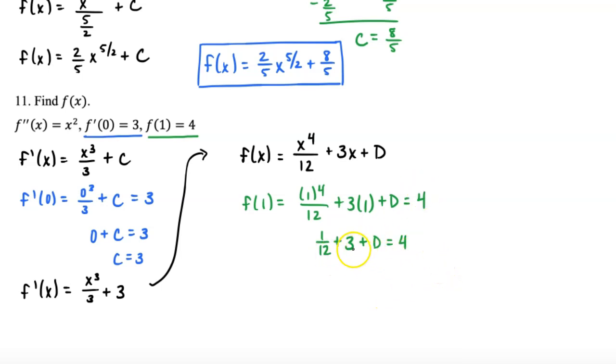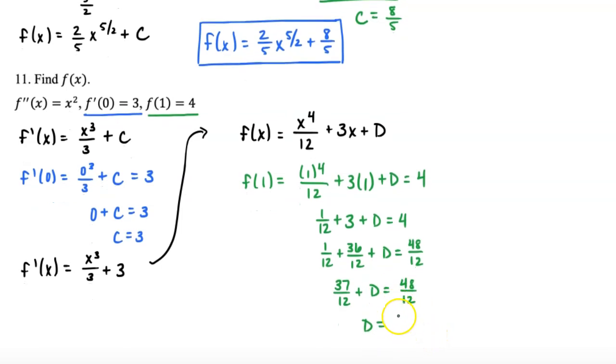Well, let's get everything to have a common denominator here. This is 1/12 plus 36/12 plus d equals 48/12. All right, combining these terms on the left, I get 37/12 plus d equals 48/12. And finally, subtracting 37/12 from both sides, I get that d is equal to 11/12.